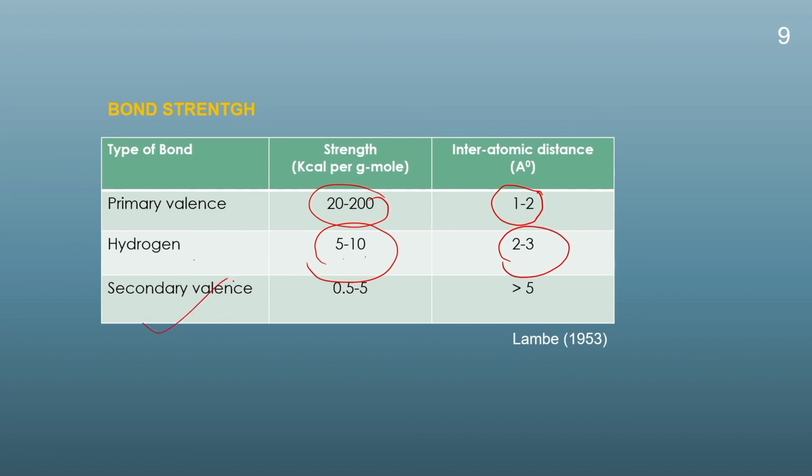The secondary valence bond is the weakest among all three, and generally the strength is between 0.5 to 5 kilocalorie per gram mole. It is a long distance bond, and generally acts at a distance of greater than 5 angstrom.